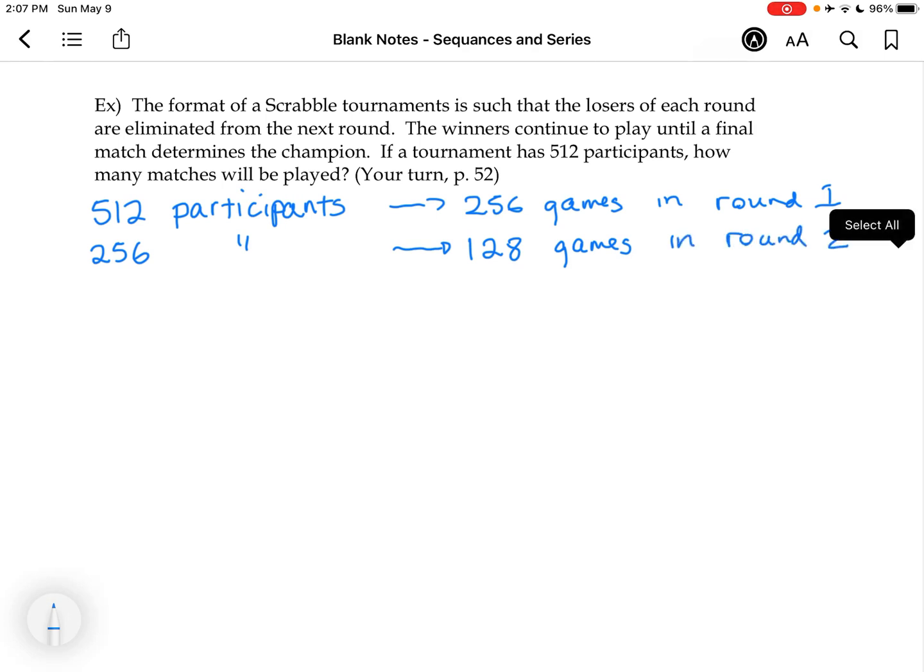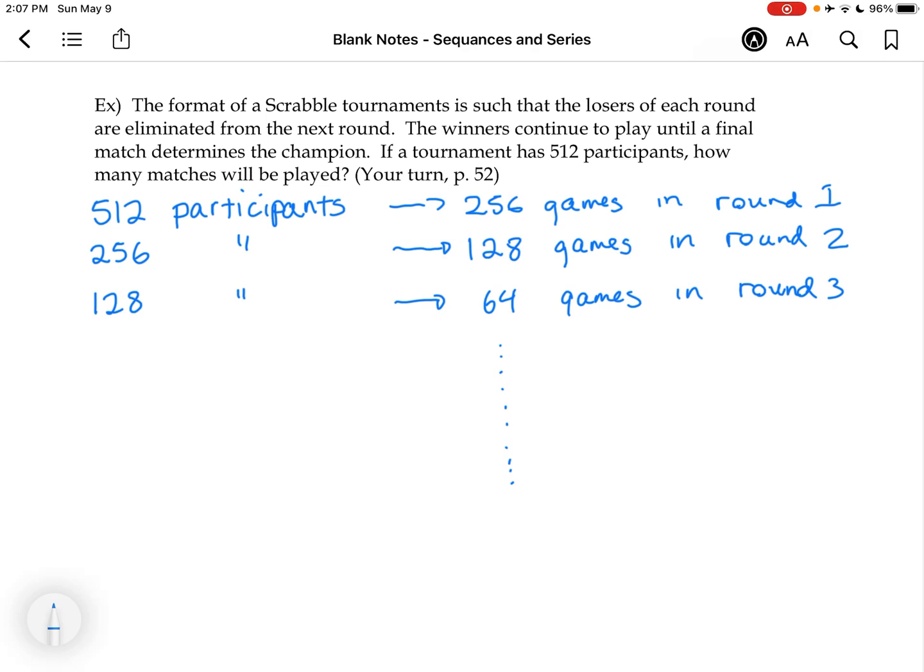And then only the winners are going to participate in round 3. So only 128 people are going to participate in round 3. Well, that means there's only 64 games in round 3. And this is going to continue until you get to the very last game, right?